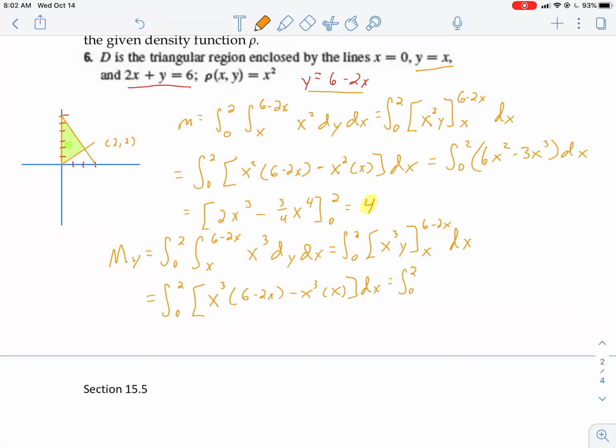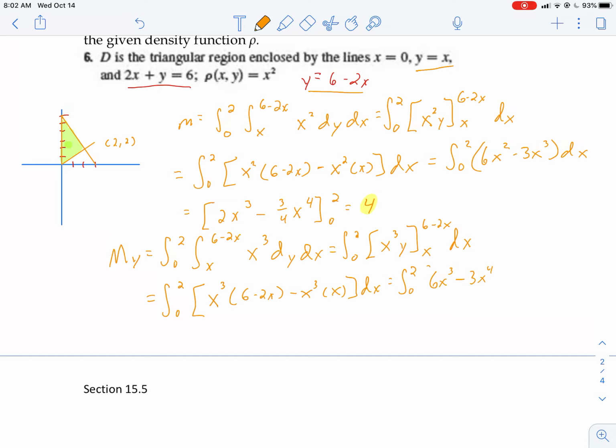So we have the integral from 0 to 2 of 6x cubed minus 2x to the fourth minus x to the fourth, so minus 3x to the fourth.